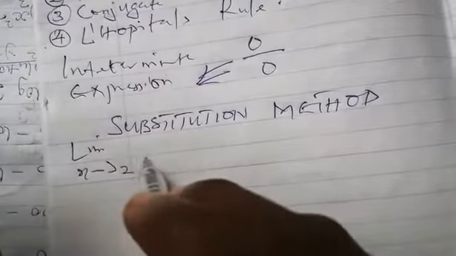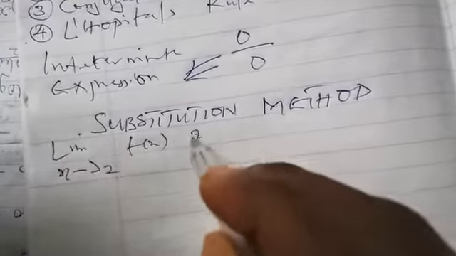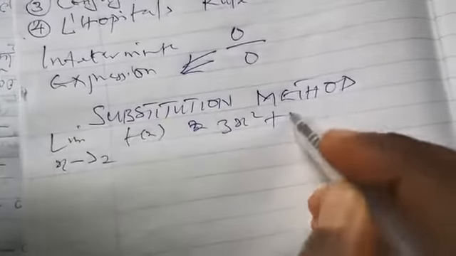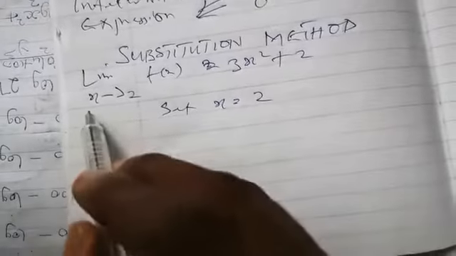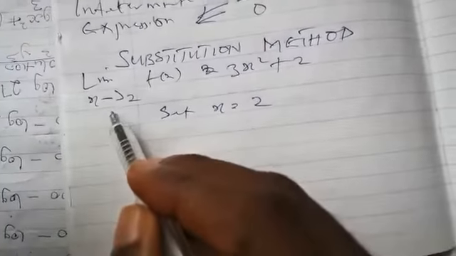Now let's say we are given the limit as x tends to 2 of the function f of x equal to 3x squared plus 2, and we are to evaluate this limit. By direct substitution, we simply set x equal to 2, the point it is tending to.